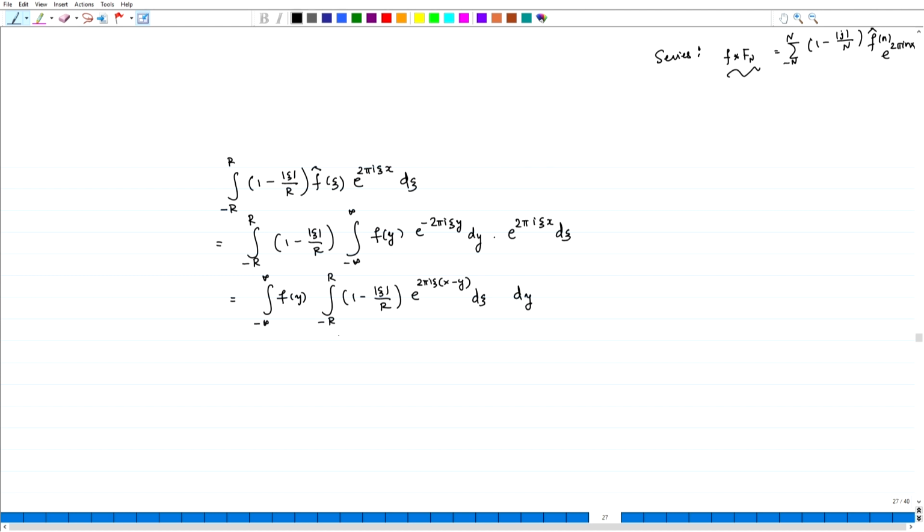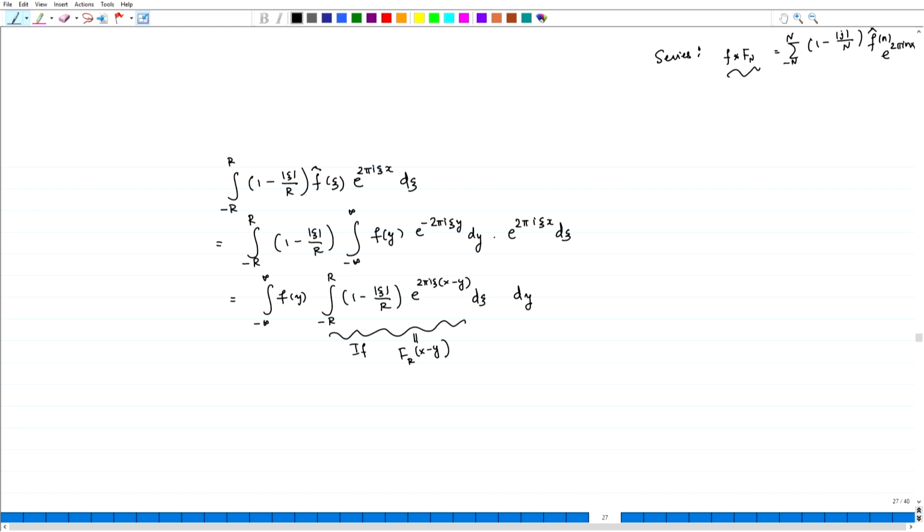So, now essentially what we need is, if we can show that this is F_r of x minus y, then we can write this as f convolution of capital F_r at x.